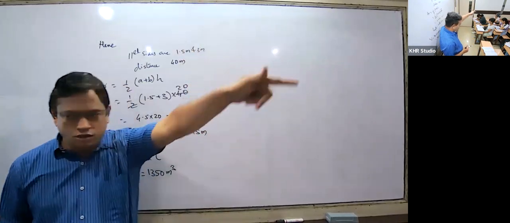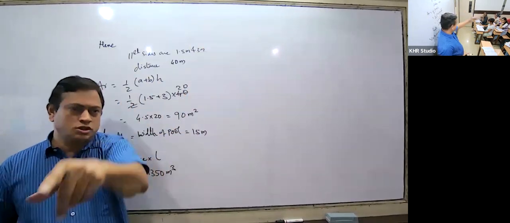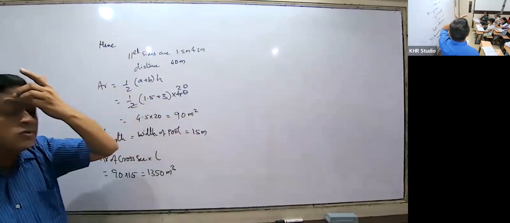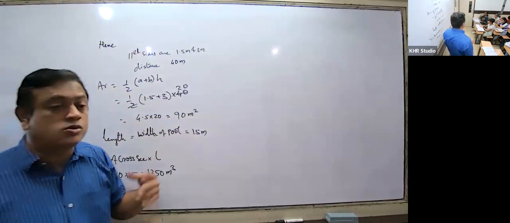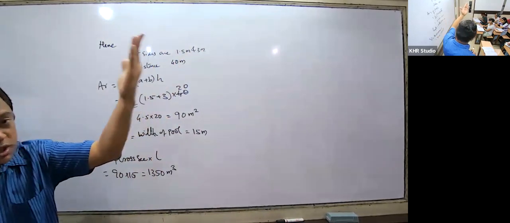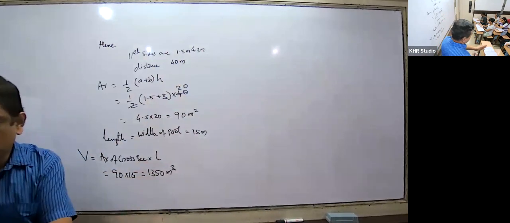Are you followed? Volume of a uniform solid is equal to the area of the cross section into length. The cross section is a trapezium, so the length is the width of the pool, not this way.